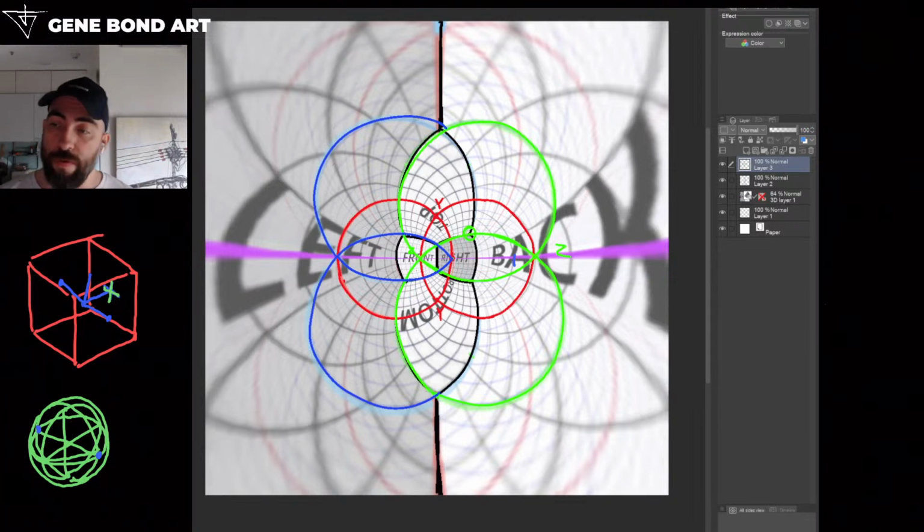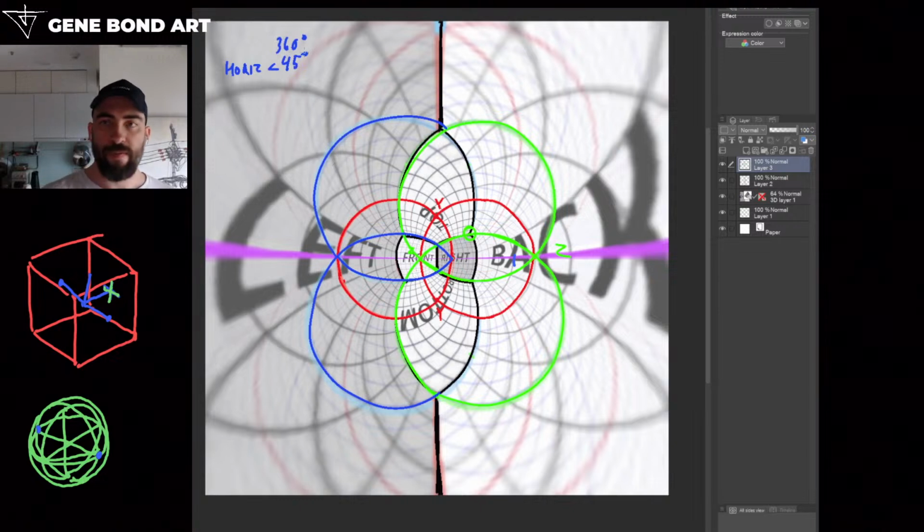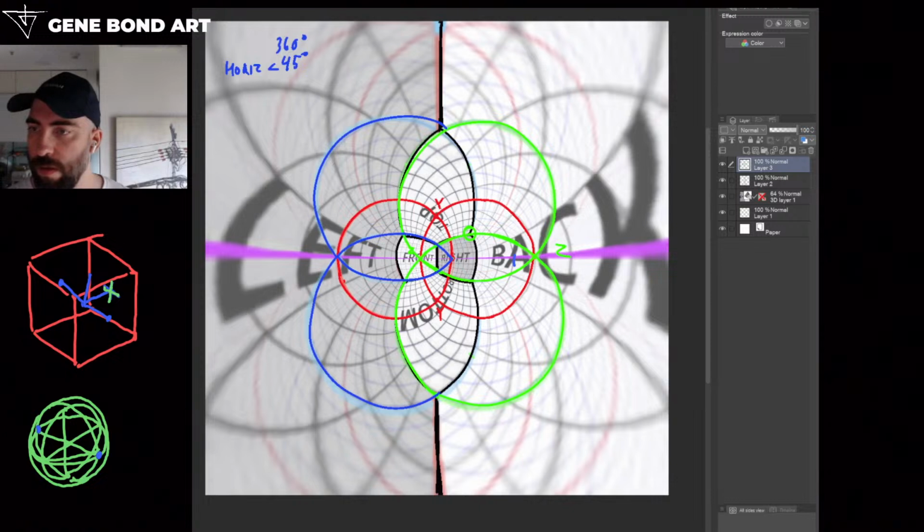So in this 360 perspective grid, let's write 360 camera, right? And the camera horizontally rotated 45 angle to the right. And this is a perspective grid for this kind of camera rotation with 360 visible field.